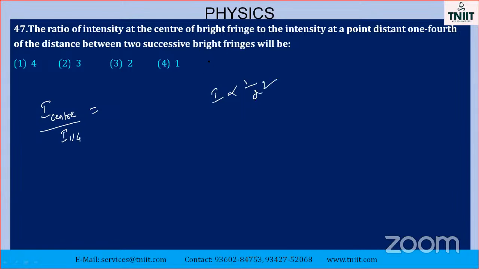So when it is moved 1/4, intensity will actually reduce to half. So the ratio can be taken as 1 by half, so 2 goes up. It will become 2 times. So I maximum to I minimum is 2 times.